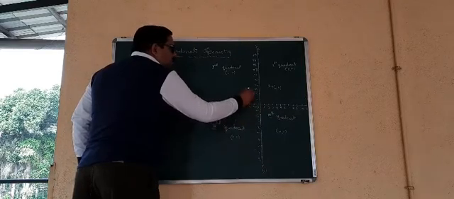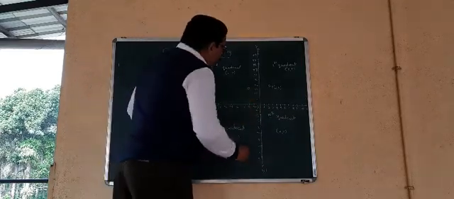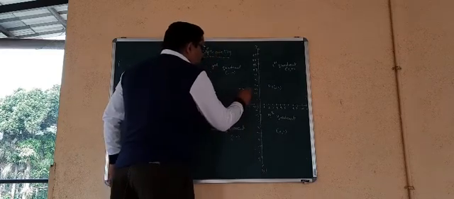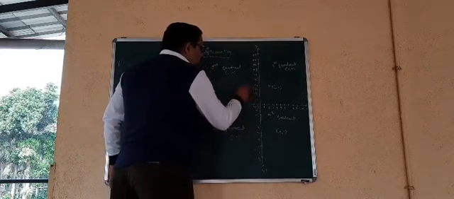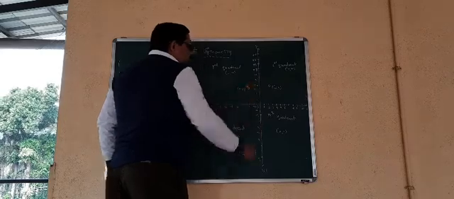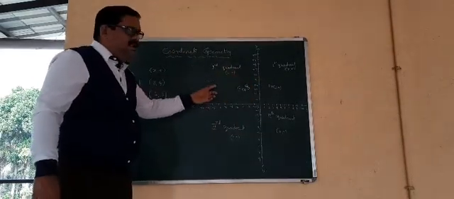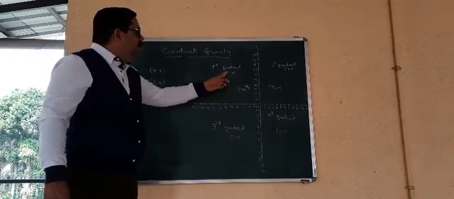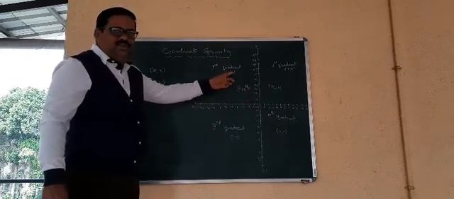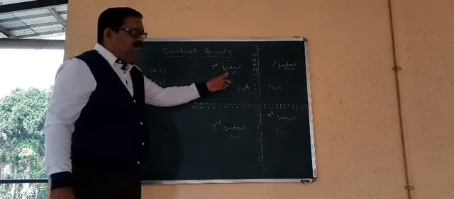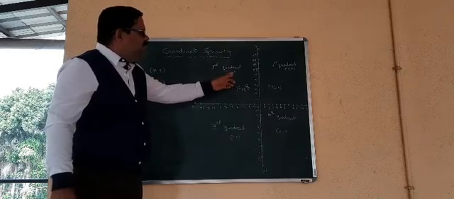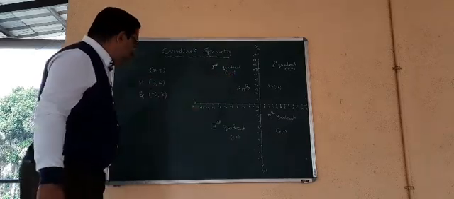So the point is here, and it is called Q. So the points in the second quadrant always have minus plus values, that is a negative sign for the x value and a positive sign for the y value.